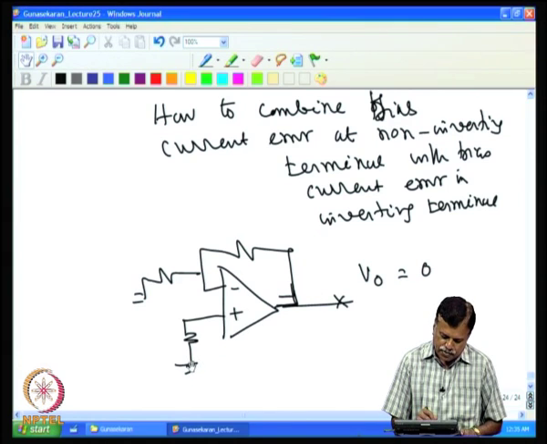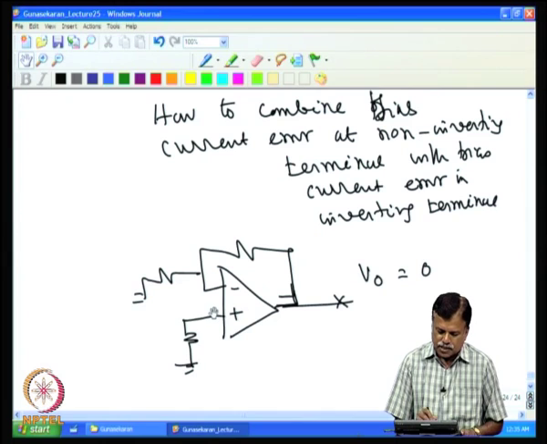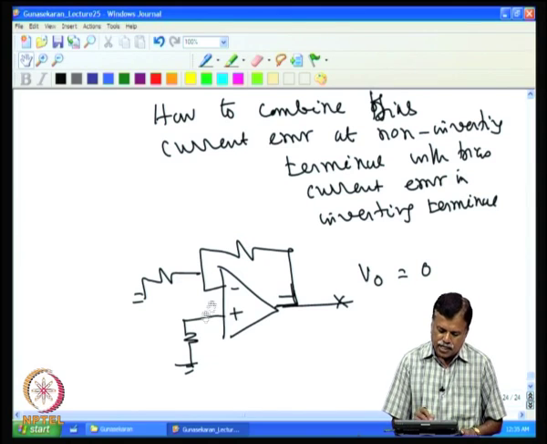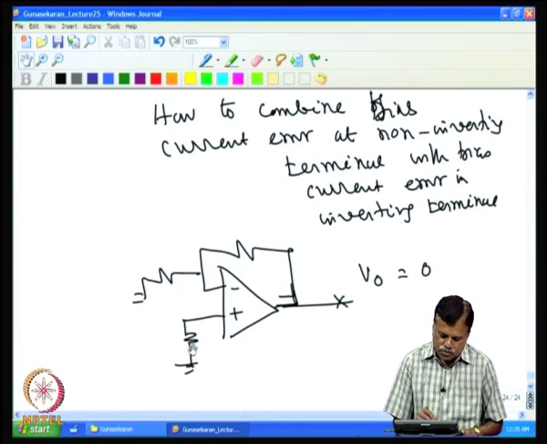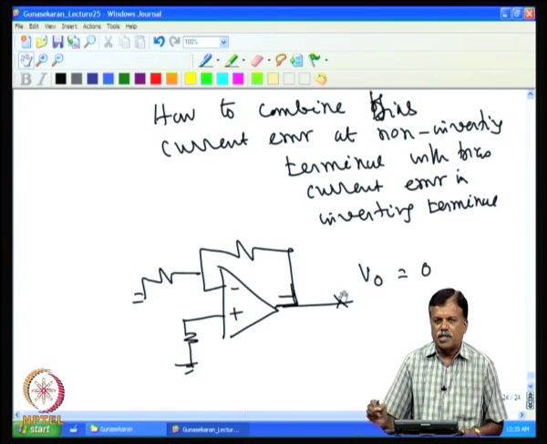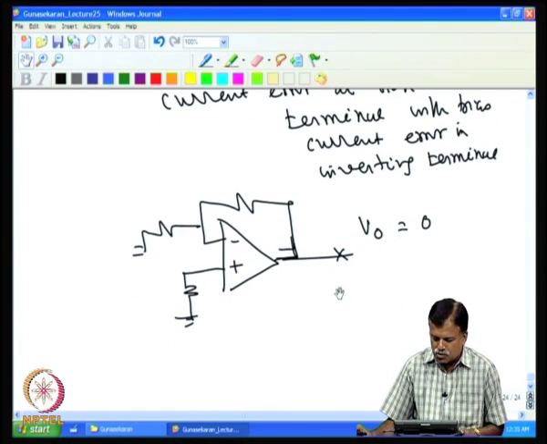The bias current for plus terminal is flowing like this and putting a minus voltage at this point. The minus voltage amplified by this will be the output. So, if this resistance and this resistance are correctly selected, and if these two bias currents are equal, then we can make the output go to 0.